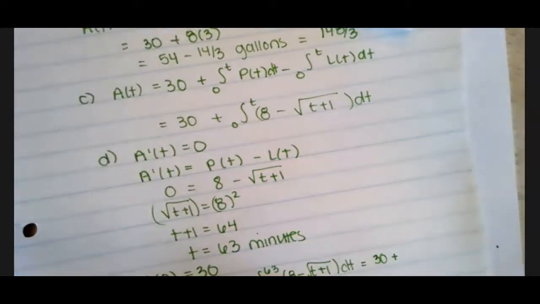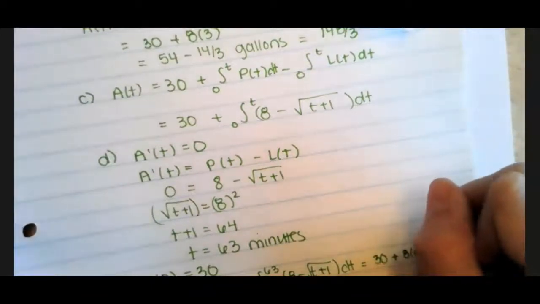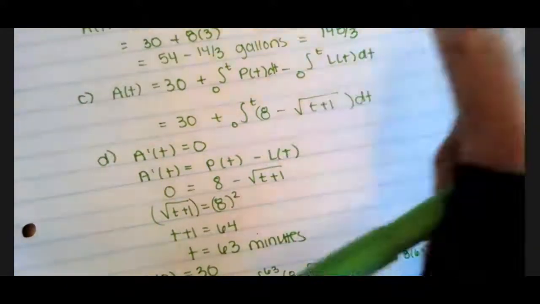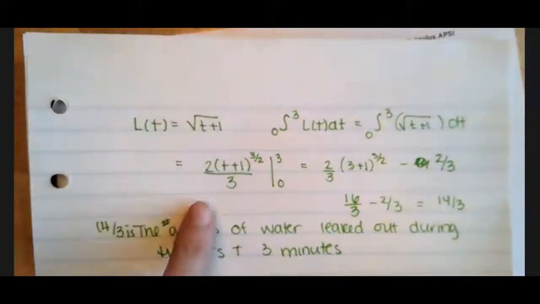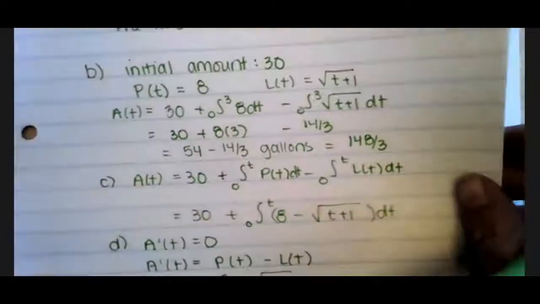So 8 becomes 63 times 8, minus, we already said the antiderivative of that square root way up here, it'll be 2 times (t plus 1) to the 3 halves over 3.